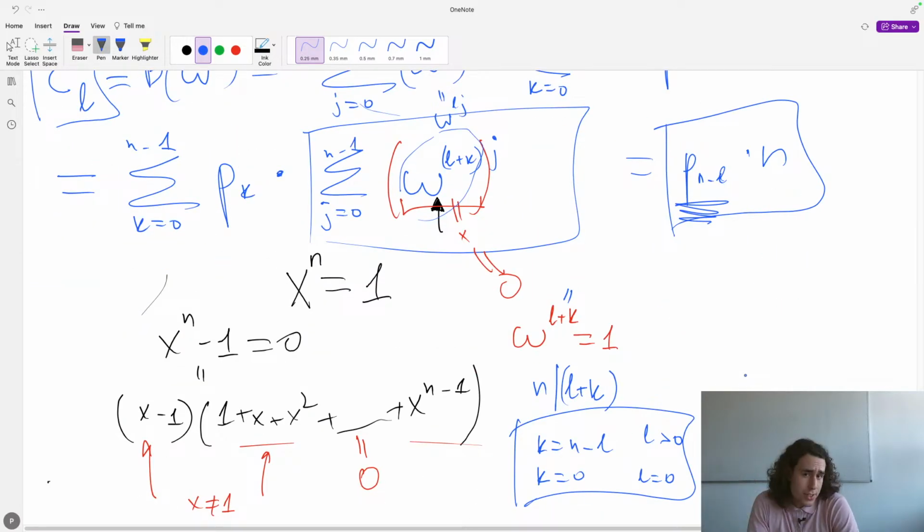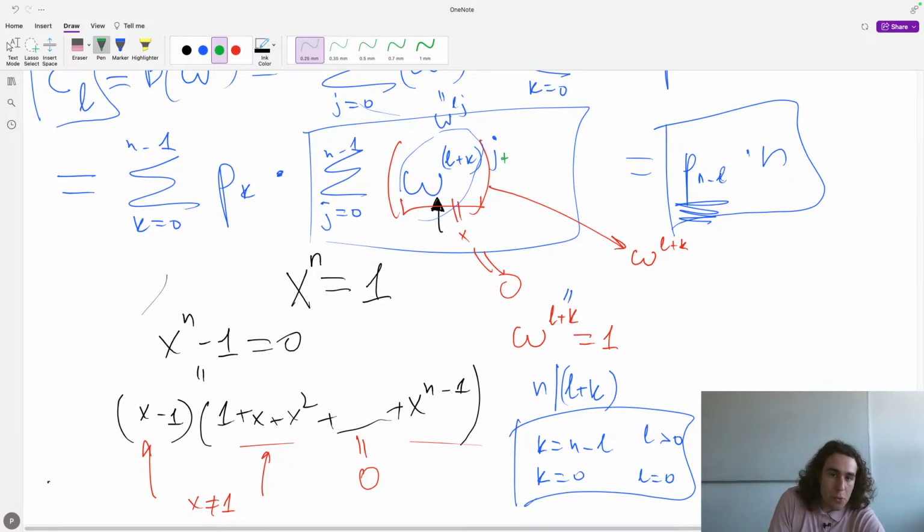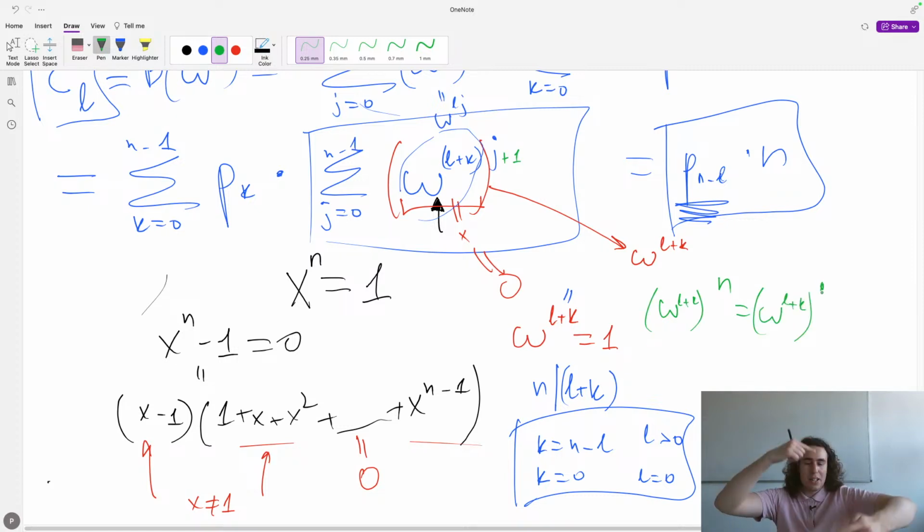There is a different proof of this. You can also think, what if I multiply all the values in this sum by omega to the power of L plus K? Then all my powers are increased by 1. But we know that any of these roots to the power of n is the same as to the power of 0, because they wrap around.